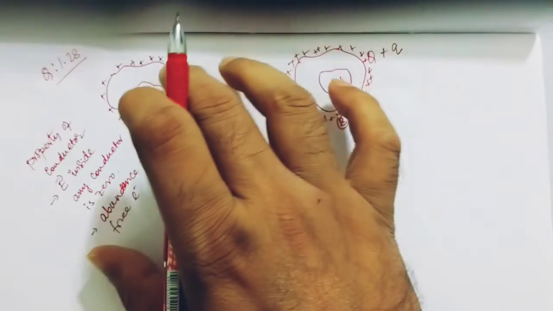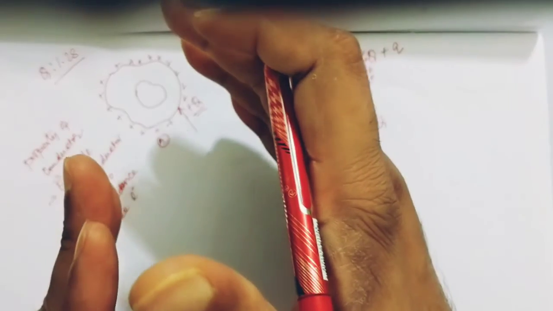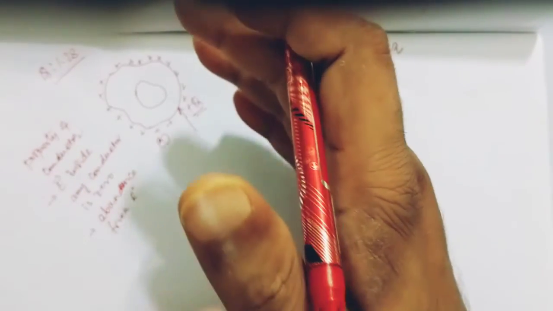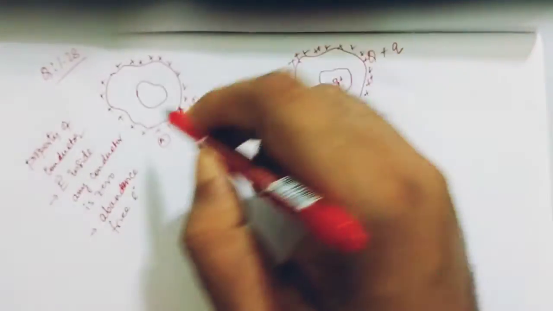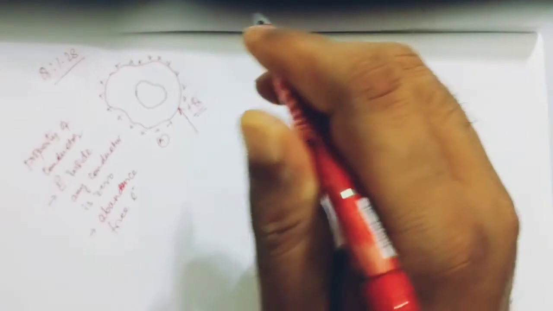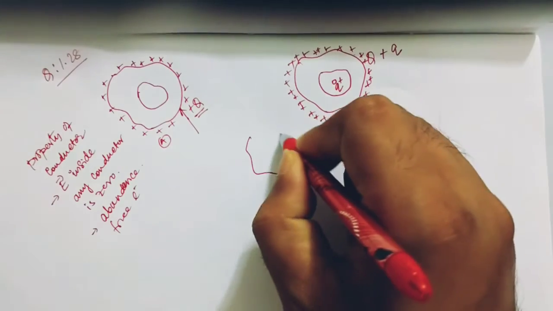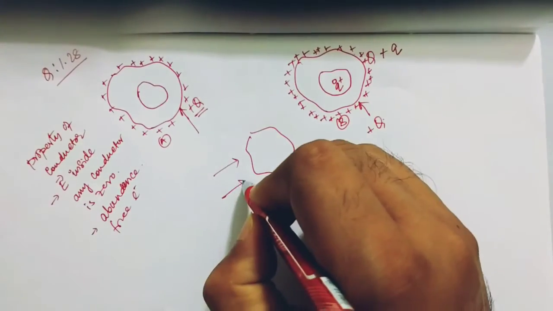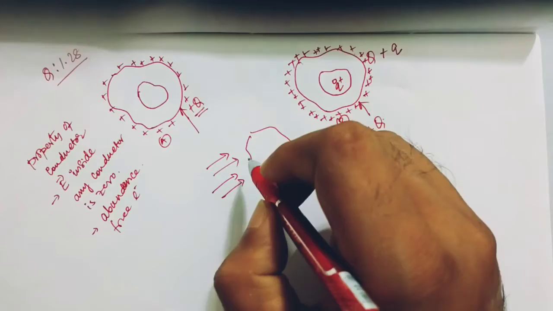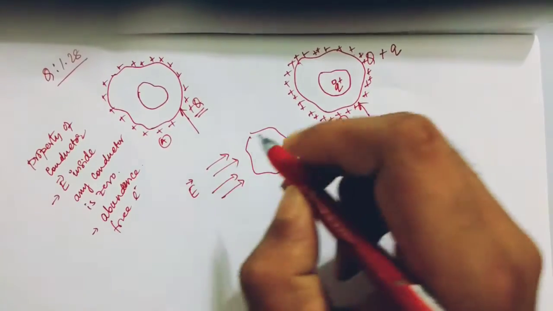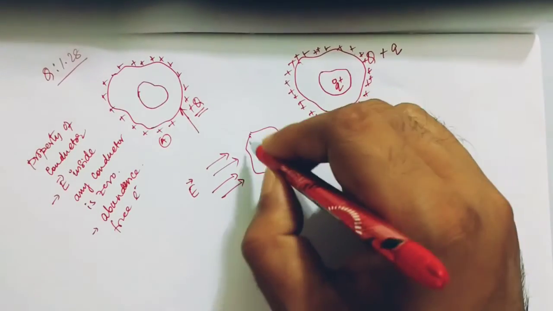To neutralize the field effect, they internally develop a potential, to neutralize this external field effect. Suppose here is a conductor body like this. If we put an electrical field like this, it has lots of free electrons.